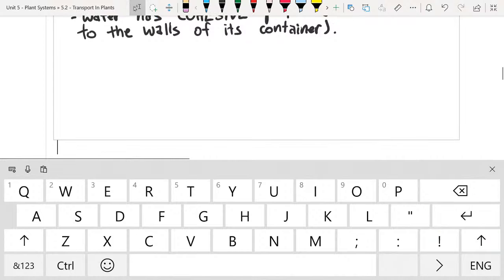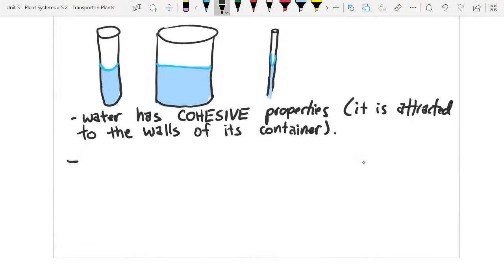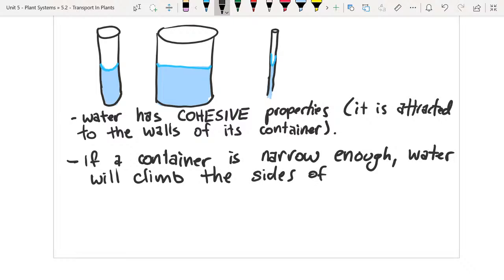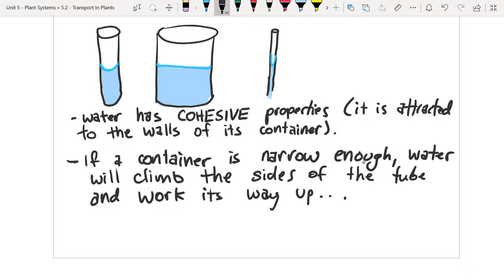If a container is narrow enough, the water can climb the sides of it. This is called capillary action.